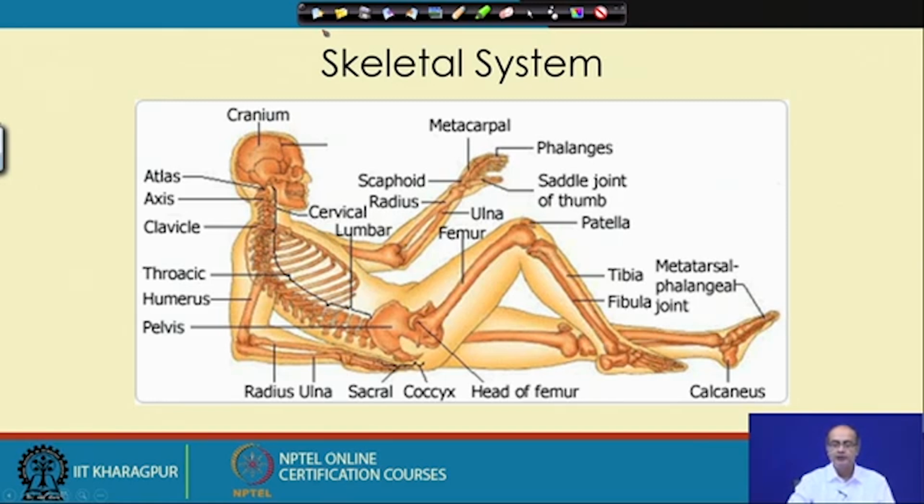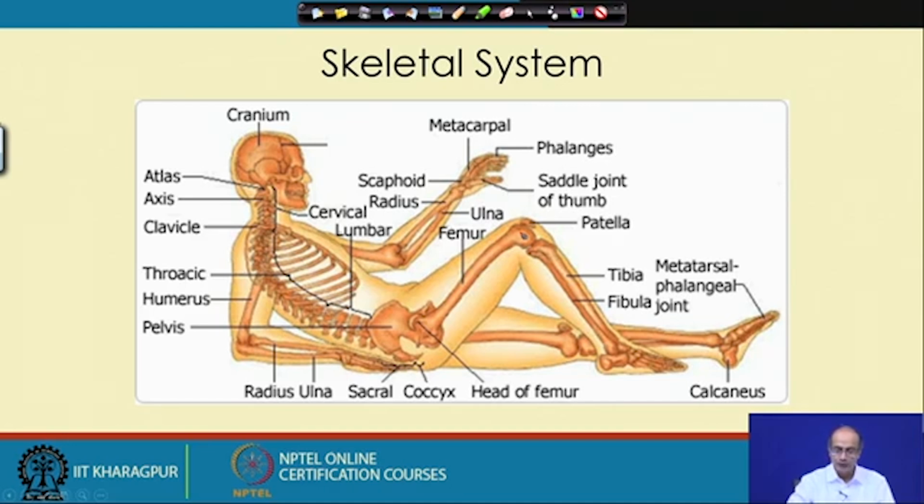Primarily bone consists of calcium and phosphorus, and in the core of the bone, the bone marrow is there. From there blood cells are generated, especially red blood cells. The biggest bone in the body is the femur. So, that is in short about the bone.